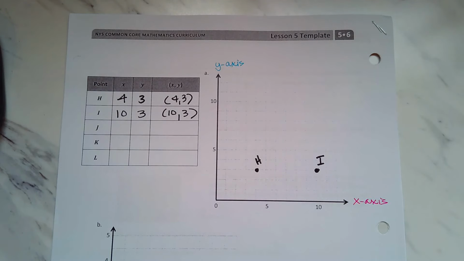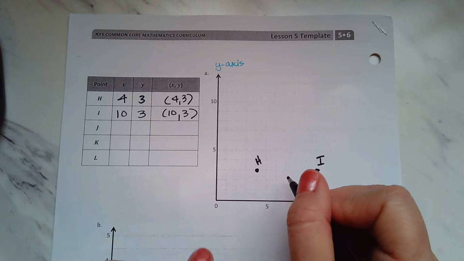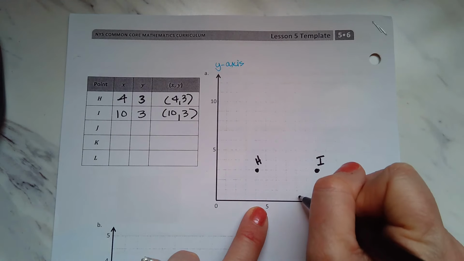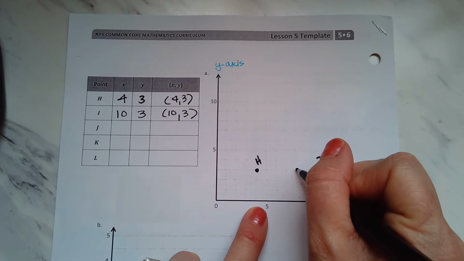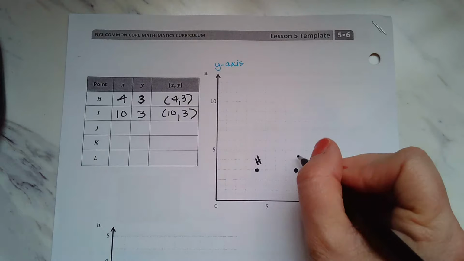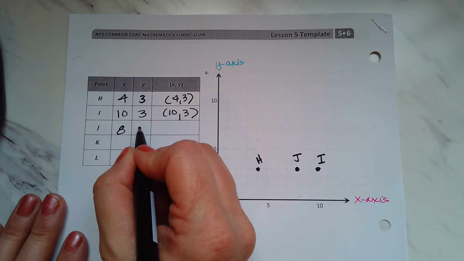Now, I'm going to call out one more letter, and I'm going to say it like this. It is 3 units from X and 8 units from Y. 6, 7, 8. So 3 units from X, 8 units from Y. I'm going to call that J. So it's 8 and 3.